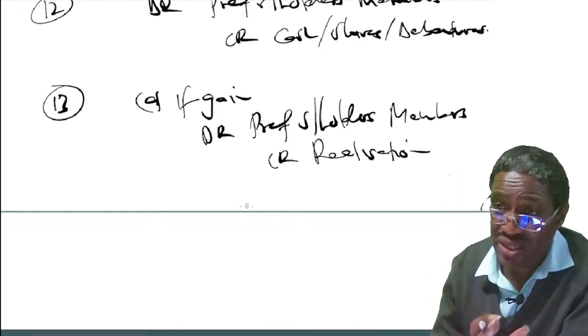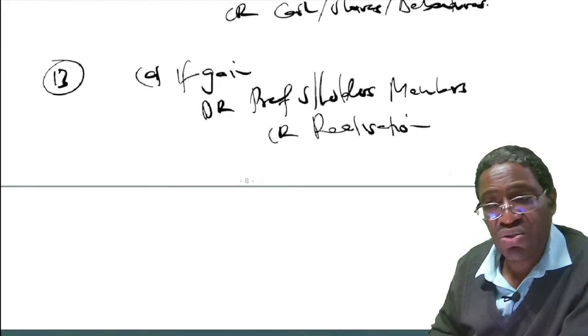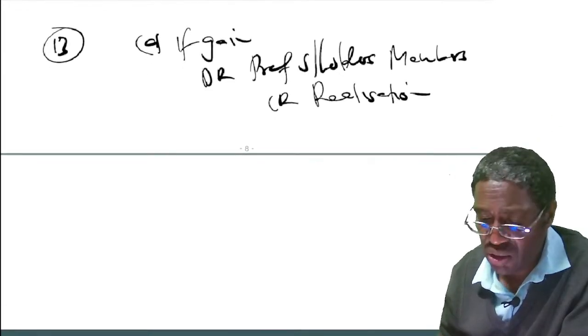Remember, you are paying them less, so you are making a gain. So there will be a balance on the debit side of that account. So you debit that members account, you credit realization.